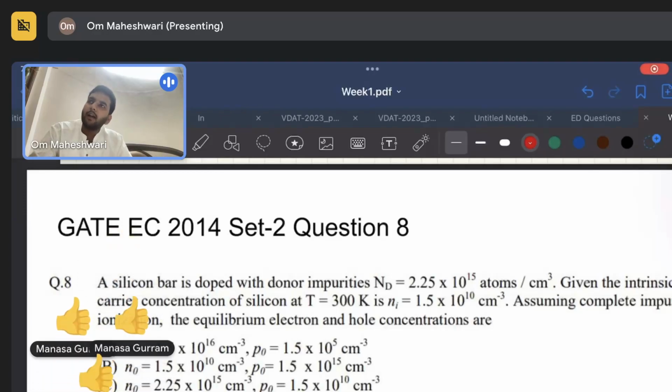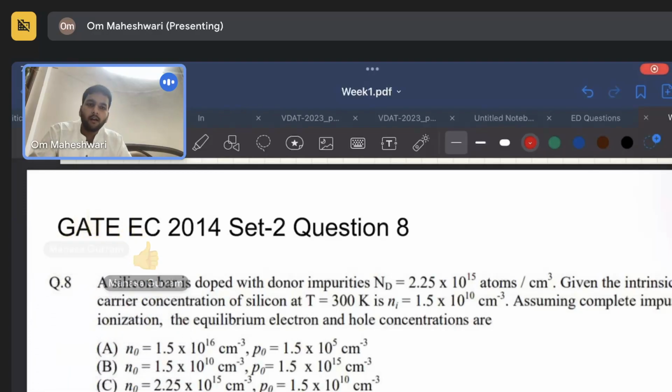Some questions are already solved on the GATE portal. I will be solving those which have not been solved previously by other scholars. All of these questions are very simple, based on only a few formulas. So solve this one now.